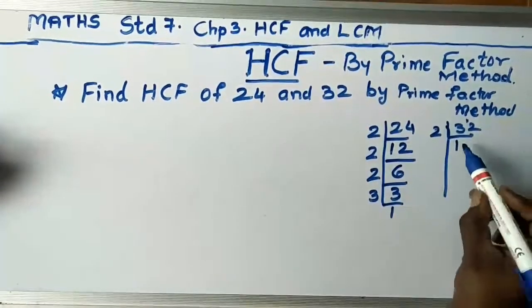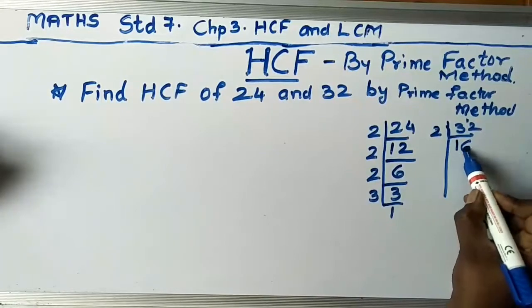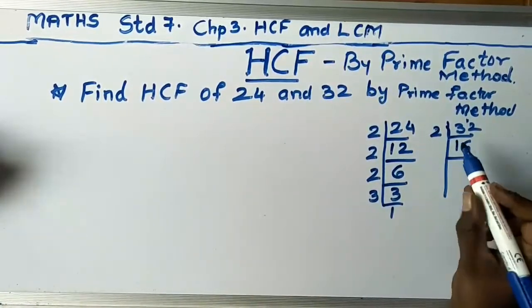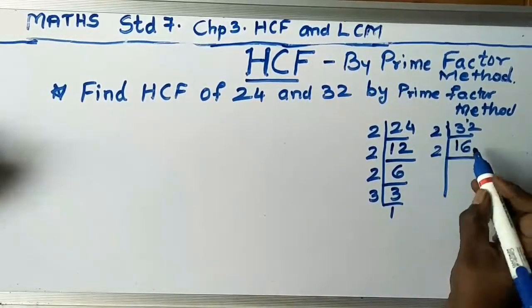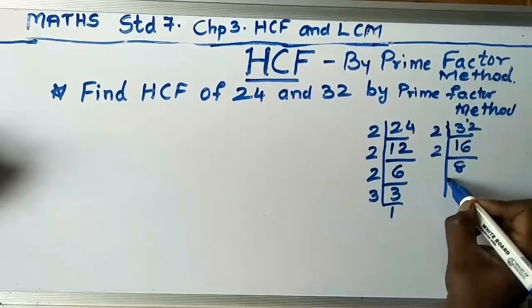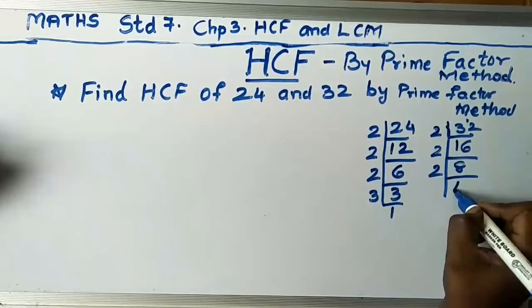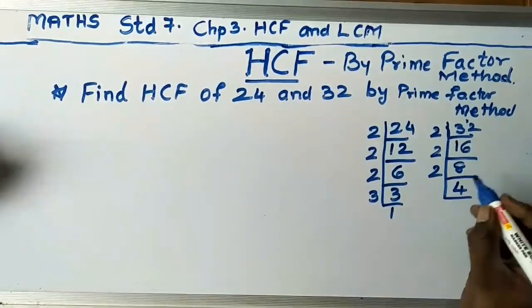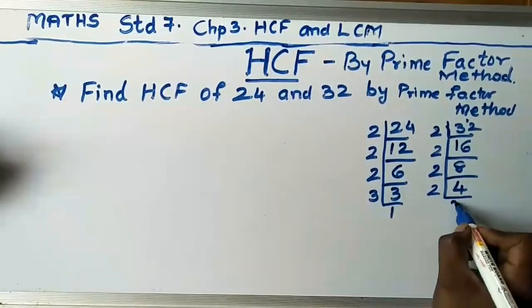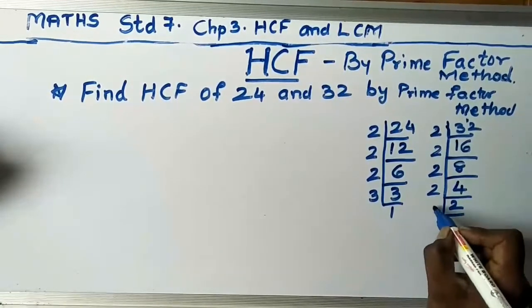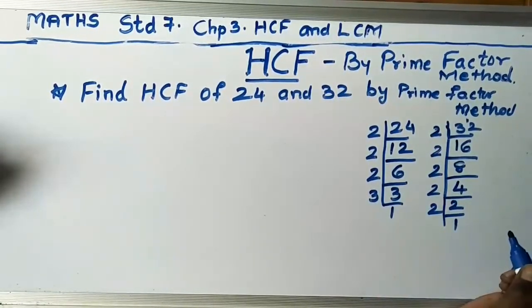So 12 goes in 2 table how many times? 6 times. It becomes 16. 16 goes in 2 table how many times? 8 times. 8 goes again in 2 table how many times? 4 times. 4 goes in 2 table 2 times. 2 goes in 2 table 1 time.